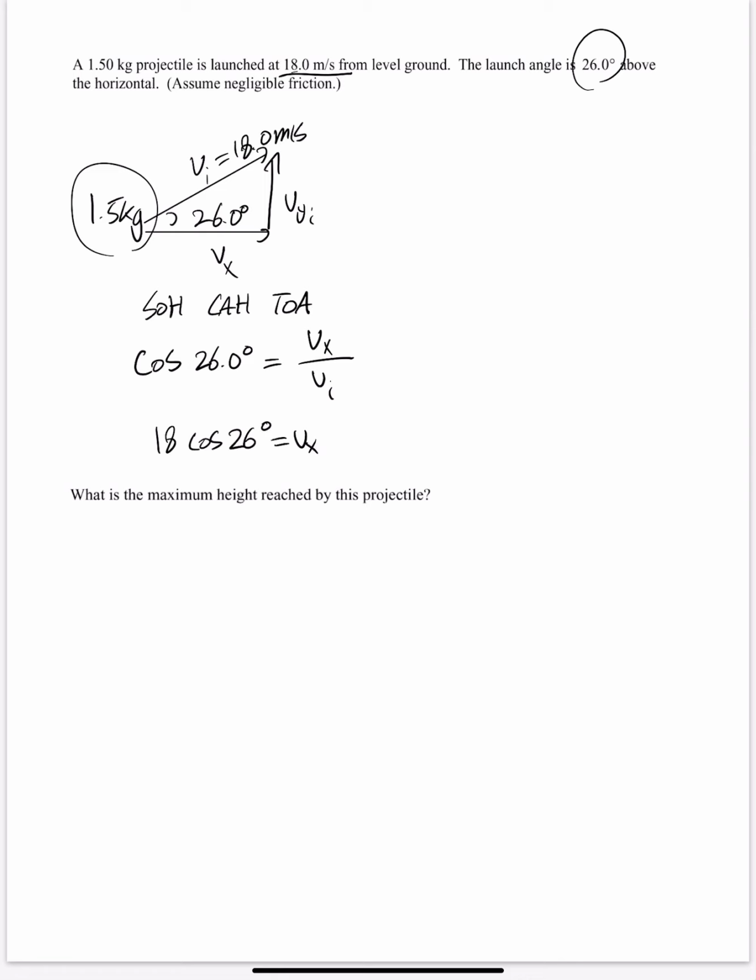And similarly with Vy initial, sine 26.0 degrees equals opposite over hypotenuse, which is Vyi over Vi, and that is equal to 18 sine 26.0 degrees.